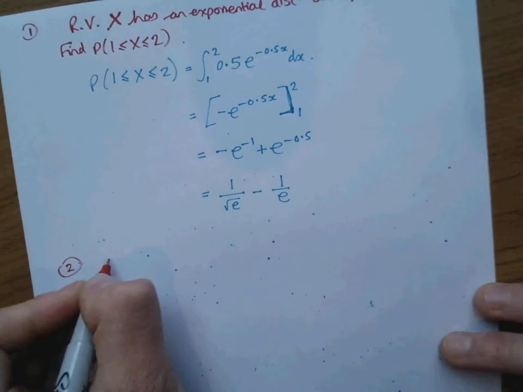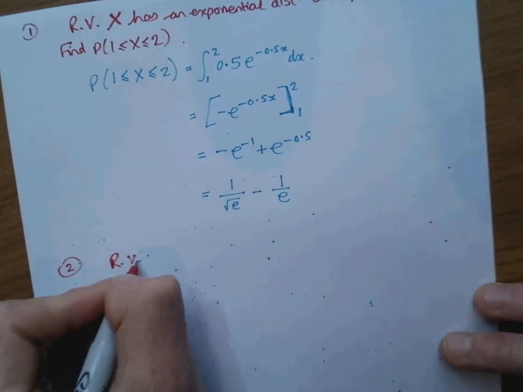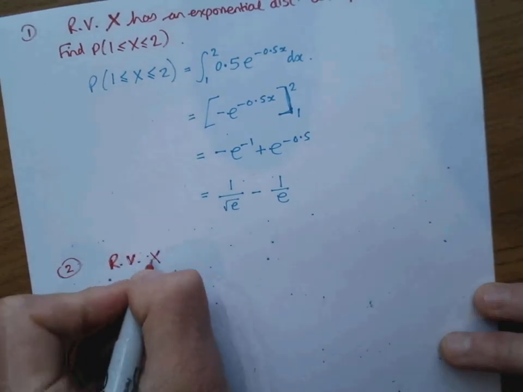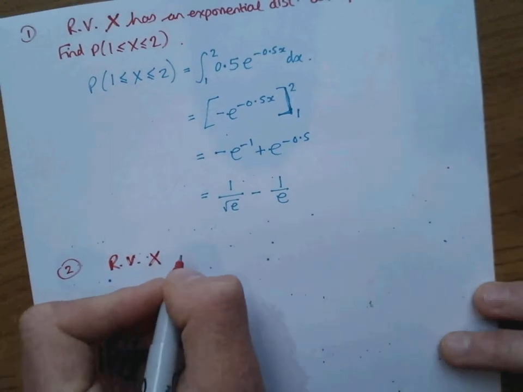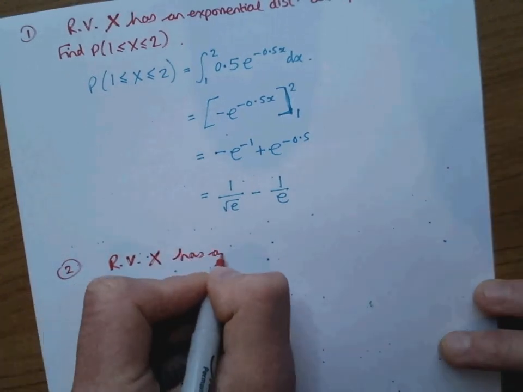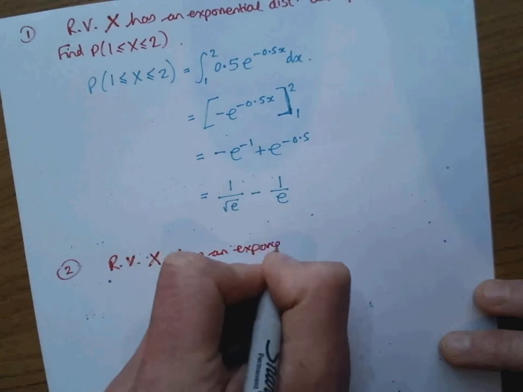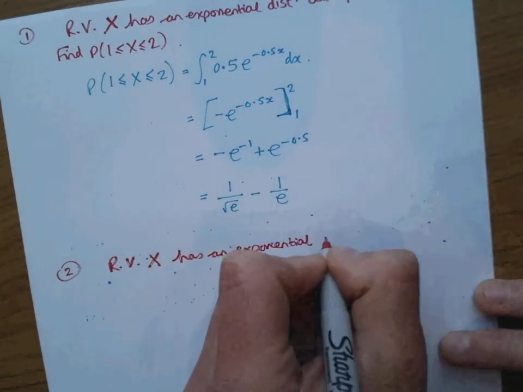Okay, let's have a look at a second question. I'll write it out, and then you can feel free to have a go, and I'll come back to the page in a minute or two.